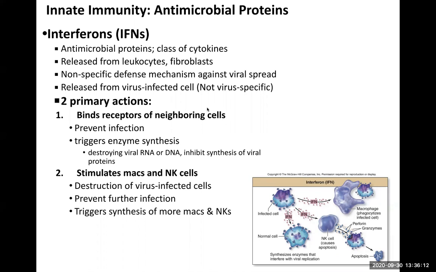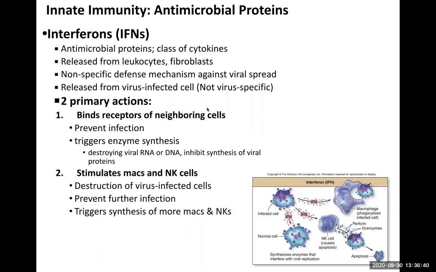So for example, they start to make enzymes that interfere with the replication of the virus. So you can think of these interferons as beefing up, when they bind to neighboring cells that are not infected, just normal cells, that cell's protective mechanism, and helping to prevent that cell from becoming infected.